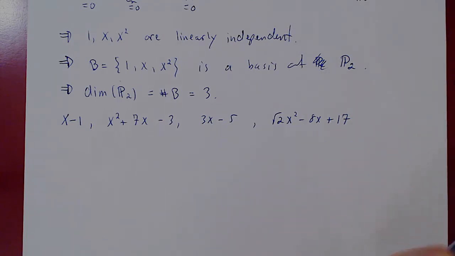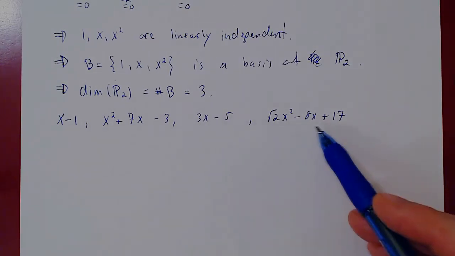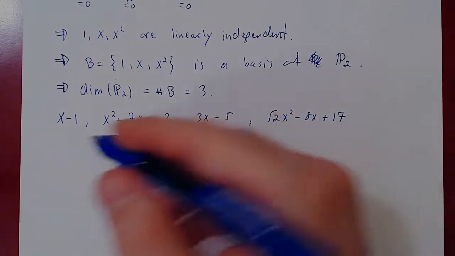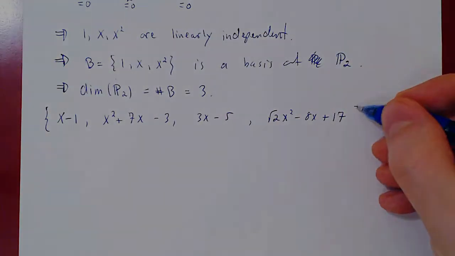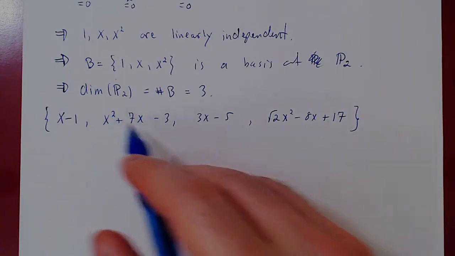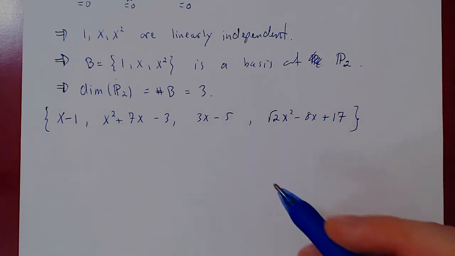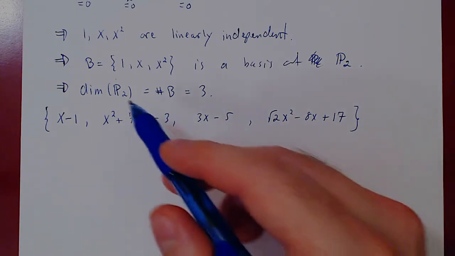But here we can do much simpler. Think of it. We have four polynomials, and you can view this as a set of vectors, right? Now this is a linear polynomial. This is a quadratic. And so we have four polynomials, but they are all inside of P2, right?